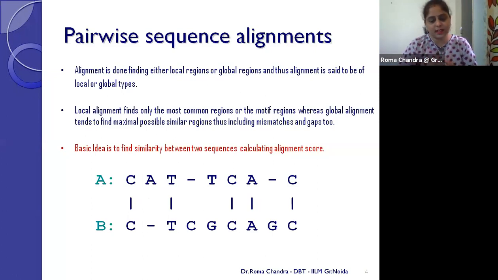And mismatches are representing the substitutions. Because what we are considering is that possibly both these, this T and G, must be T for both. And possibly here T got substituted by G, or it can be a possibility that both these were G once upon a time and G got substituted by T.